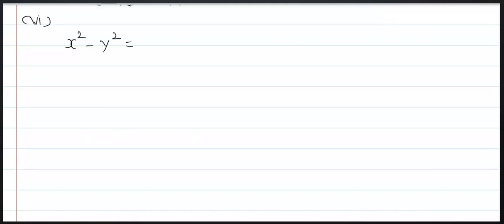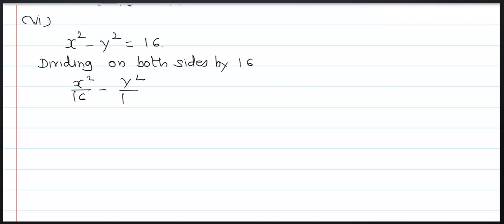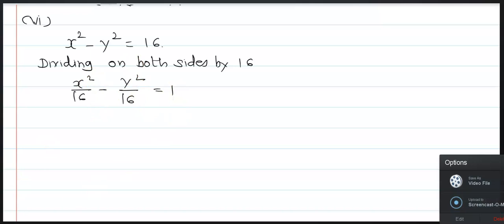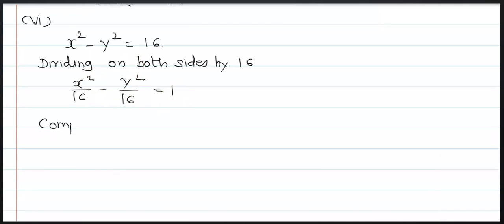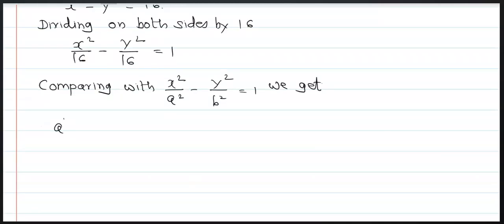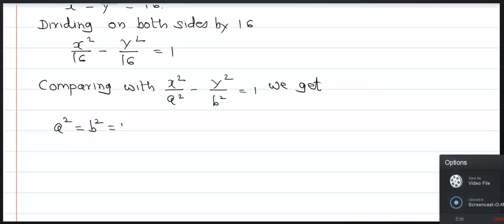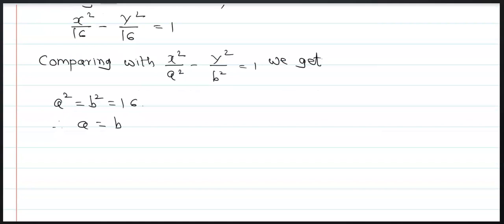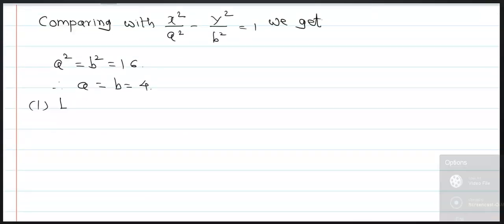Now sixth one, x square minus y square is equal to 16. Dividing on both sides by 16, then x square upon 16 minus y square upon 16 is equal to 1. Comparing with x square upon a square minus y square upon b square is equal to 1, we get a square is equal to b square is equal to 16. a is equal to b is equal to 4.